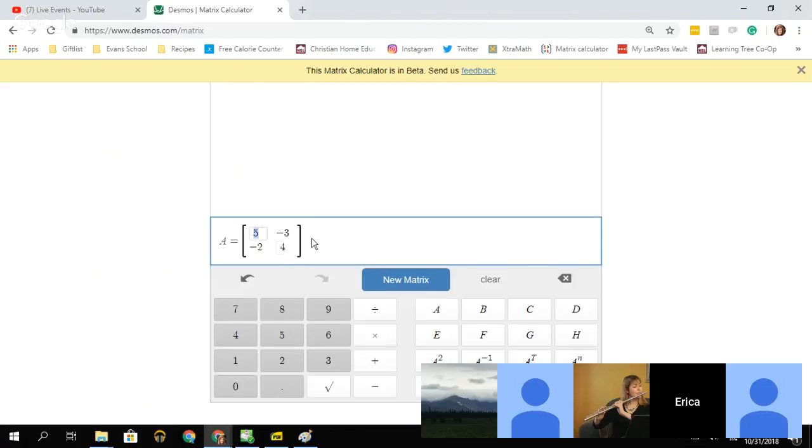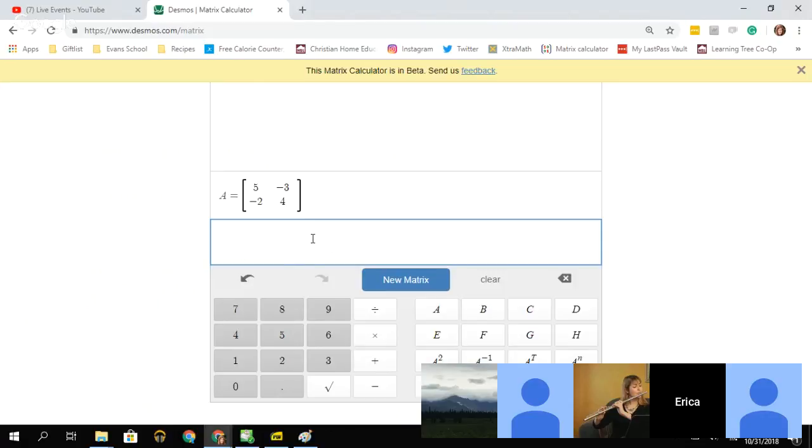In Desmos, for this matrix tool, it's not in the app, it's only under Desmos/matrix. You go to new matrix and add a new matrix in. If you're using your TI, you go under the matrix button and hit edit for matrix A and put in your 2x2 matrix.